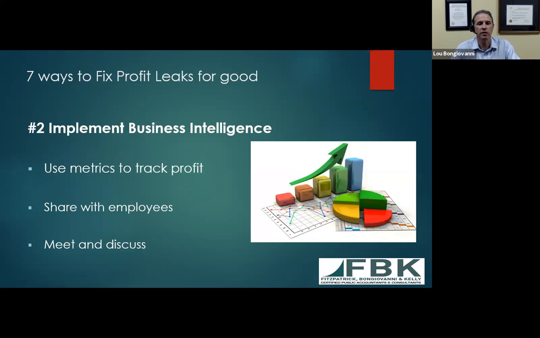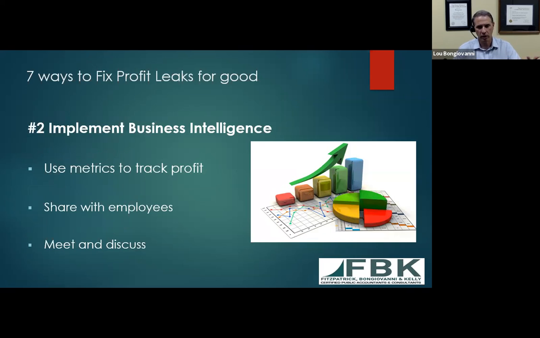Next, implement business intelligence. As I alluded to before, we are very proactive with not only looking at financial statements, income statement, balance sheet, what's up, what's down, but drilling into the actual data and extracting really useful information.